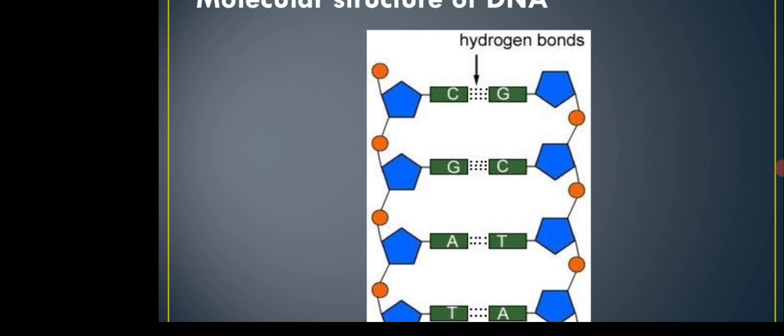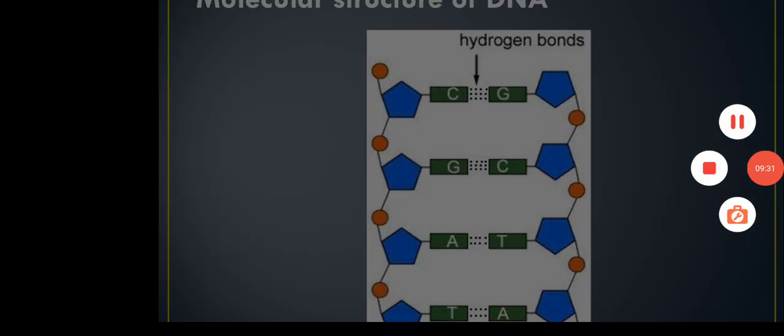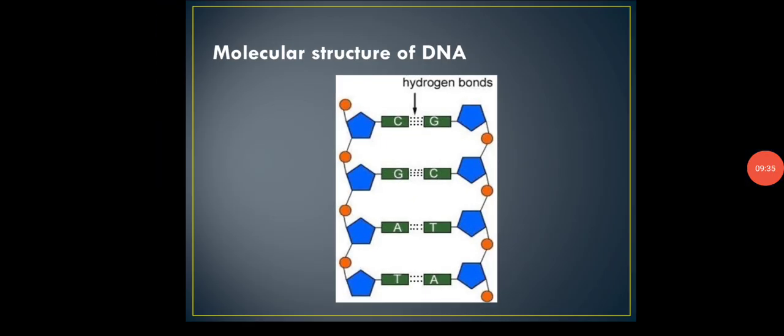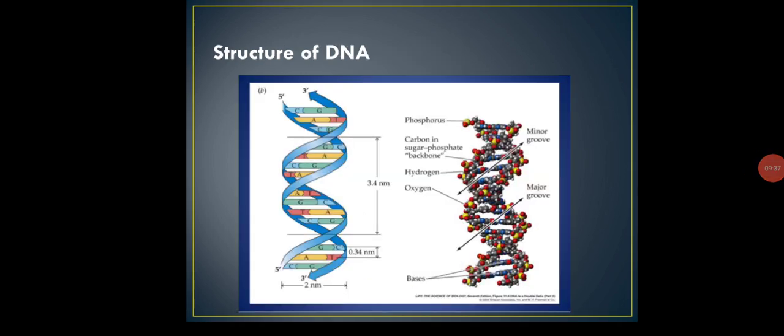And remember this, cytosine always binds with guanine and adenine always binds with thymine. So this is the structure of the DNA.